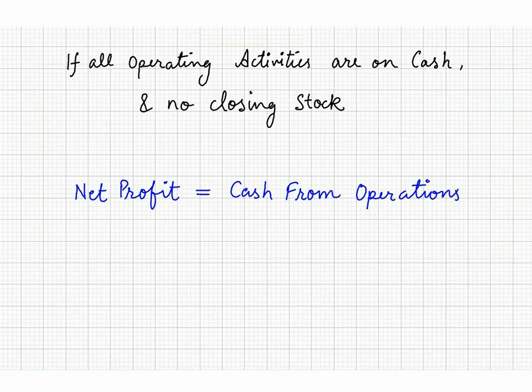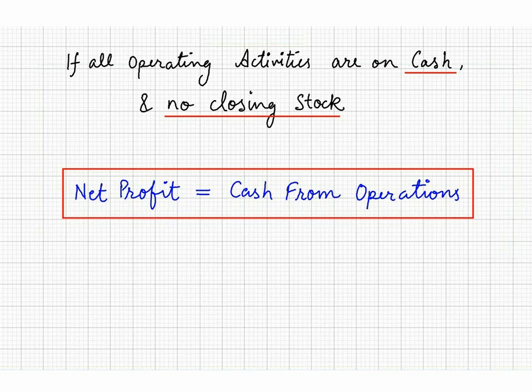Please pay attention to my words. If all the transactions are cash in the business and there is no closing stock, net profit is always equal to cash from operation. Cash from operation means cash generated on the basis of operating activities.